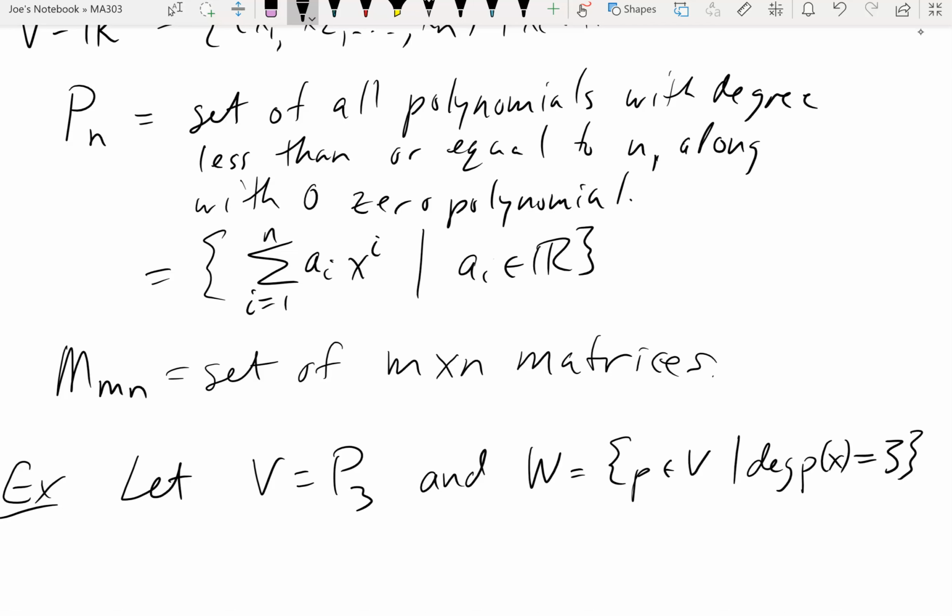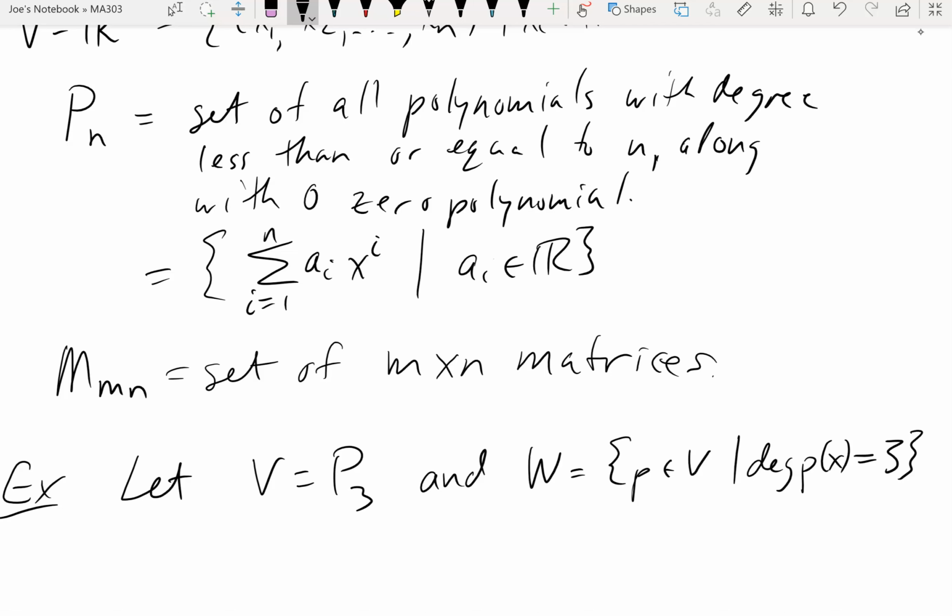Notice that the definition of P sub n is degree less than or equal to n, not just equal to n. So this W actually is a piece of V and not all of V. Because V would contain all your cubics, but it would also contain all your quadratics and all your linears and all your constants. This only contains cubics. Right? So the degree has to be 3. So I don't allow a 0 in front of my x cubed term, if you will.